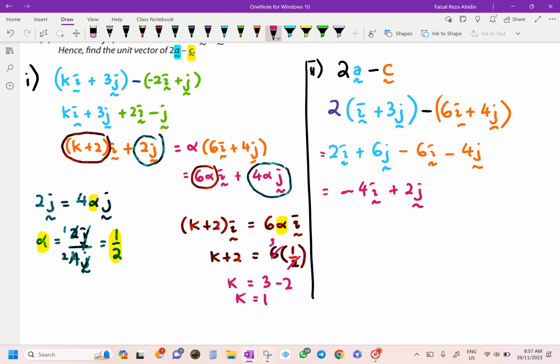So how to find the unit vector? Square root. So what do you get? Negative 4 squared plus 2 squared. So you're going to get what? 16 plus 4, 20. Square root of 20, right? So you get 2 root 5 units.